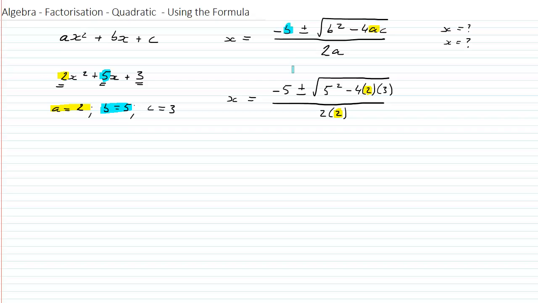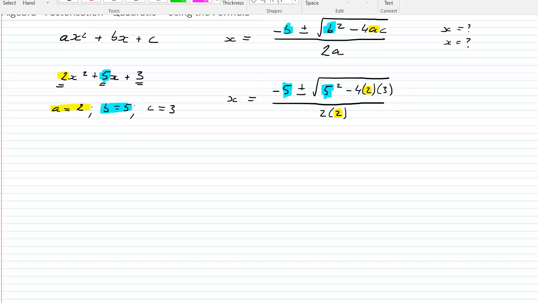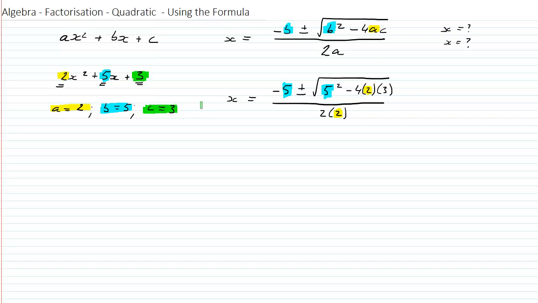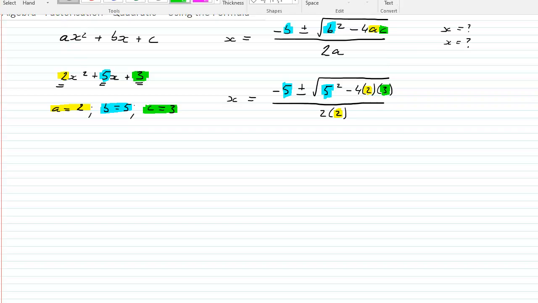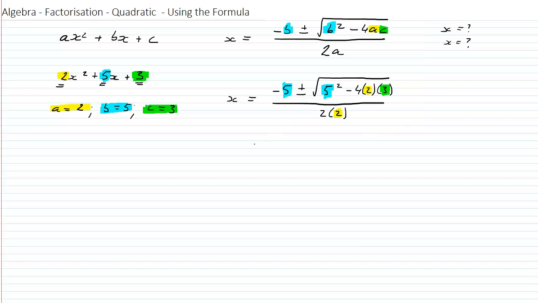This is going to be b, this is going to be b, this is b squared. And we'll look at the last one then. This number here, c, is equal to 3, and that's c there and that's c there. Okay, so that's where all the numbers come from. So as long as you can find a, b, and c, it's just a matter of putting them into the formula.